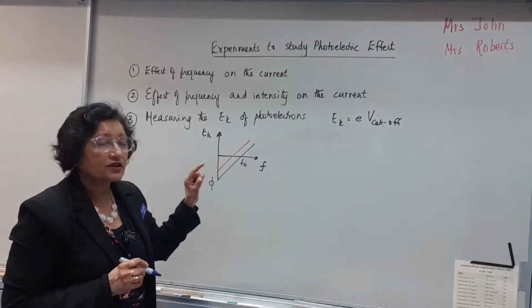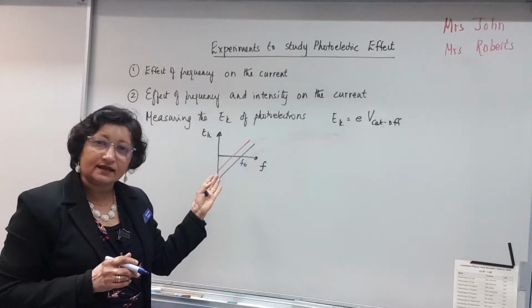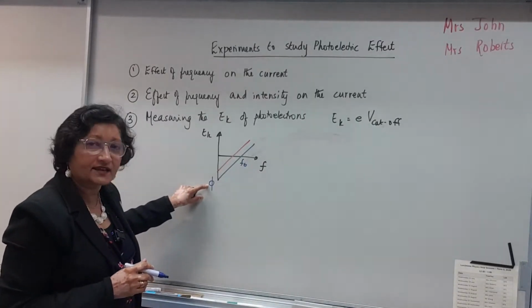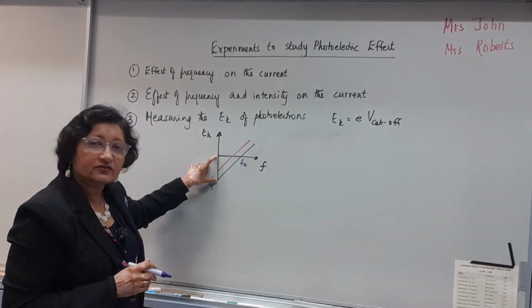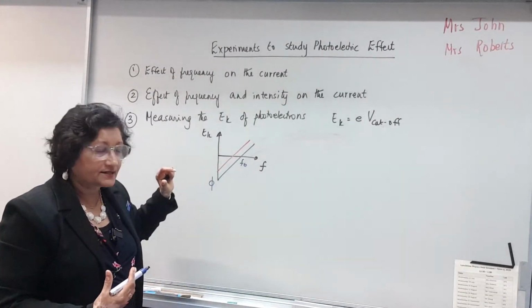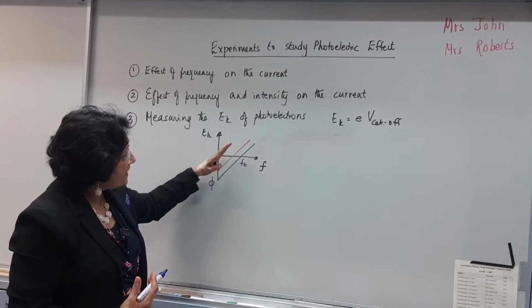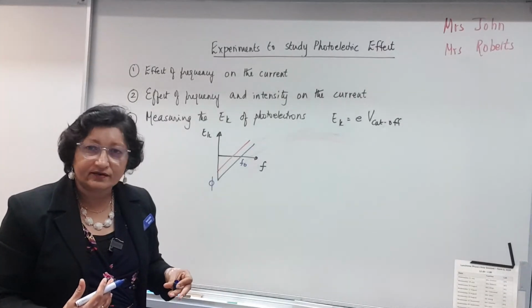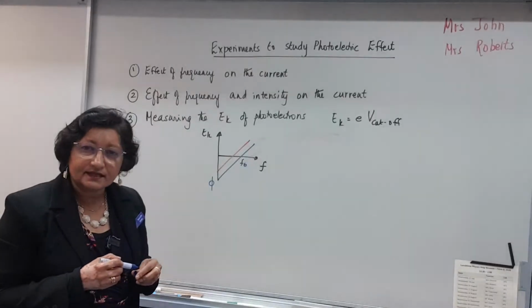So below the threshold frequency, no electrons are given out, and the work function energy is the amount of energy required to release or free the electron from the atom. And it's found that different metals had different threshold frequencies as well as work function. So that was the third experiment.